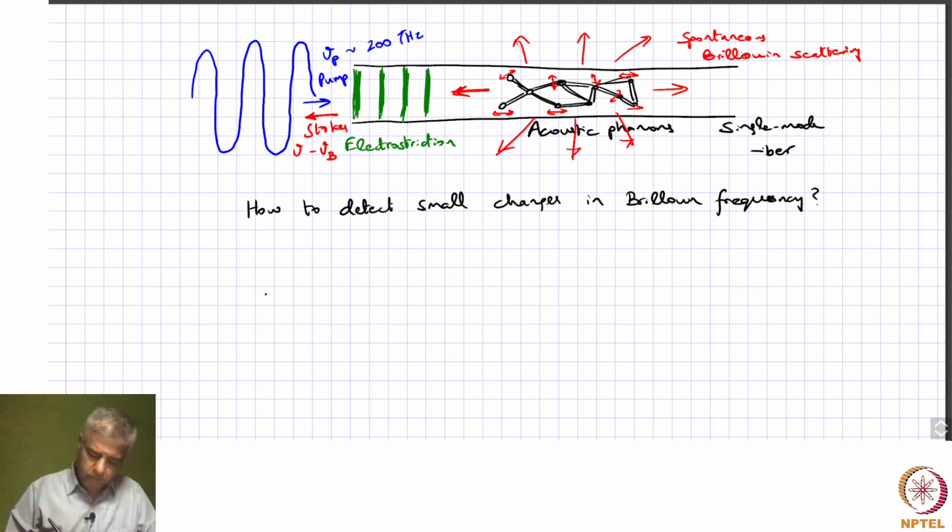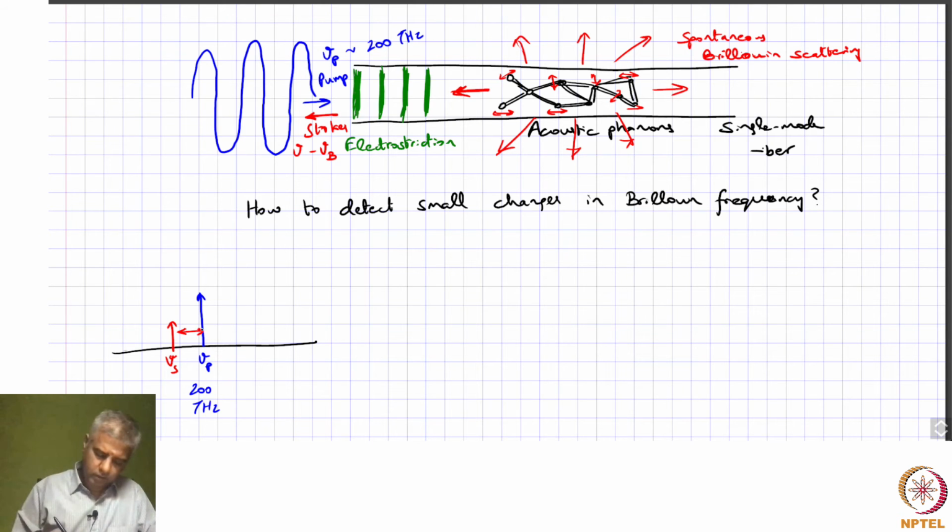So what are we talking about? We are talking about the frequency spectrum. This nu p is somewhere over here, and that corresponds to about 200 terahertz, but you have a nu s component which is downshifted by 12 gigahertz, okay, and now comes the important point.